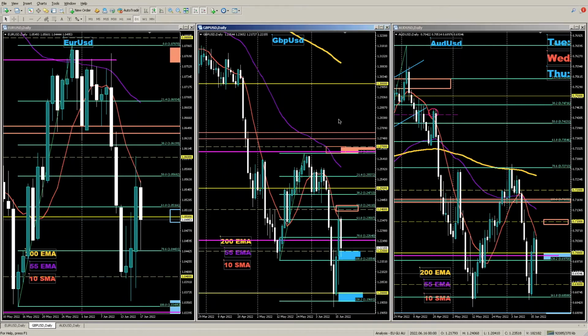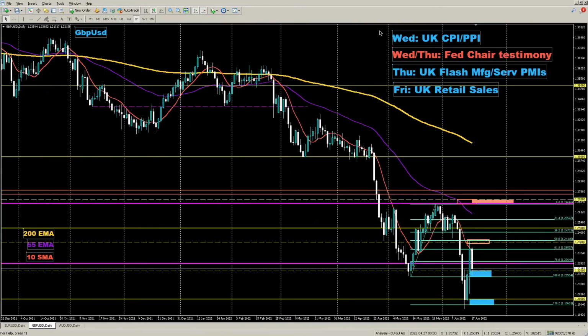Let's move on to the cable. Similarly to the euro, it did fall right from the start of the week after the previous Friday's CPI figure.